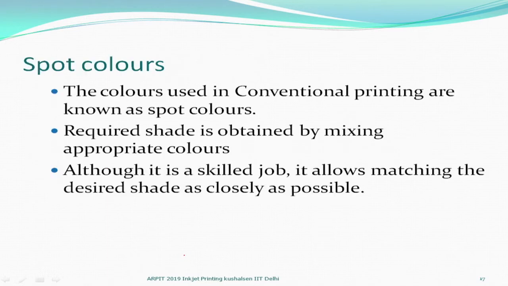So, before that, let us talk about how the conventional printing was done. In a conventional printing, let us say you have 7 colors or 8 colors, then people prepare a paste, match the shade, add a little more, maybe a combination of more than one dye, and then make a paste which would appear to be similar to what is the requirement.